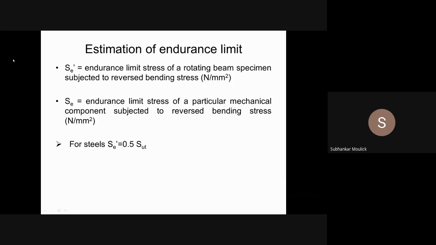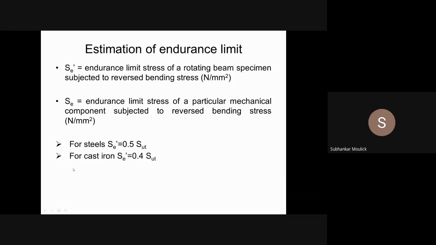Then, if the material is steel, for example, you are making a shaft made up of steel, then this SE dash, that means the endurance limit value which you find out in the laboratory, will be given by 0.5 times SUT.